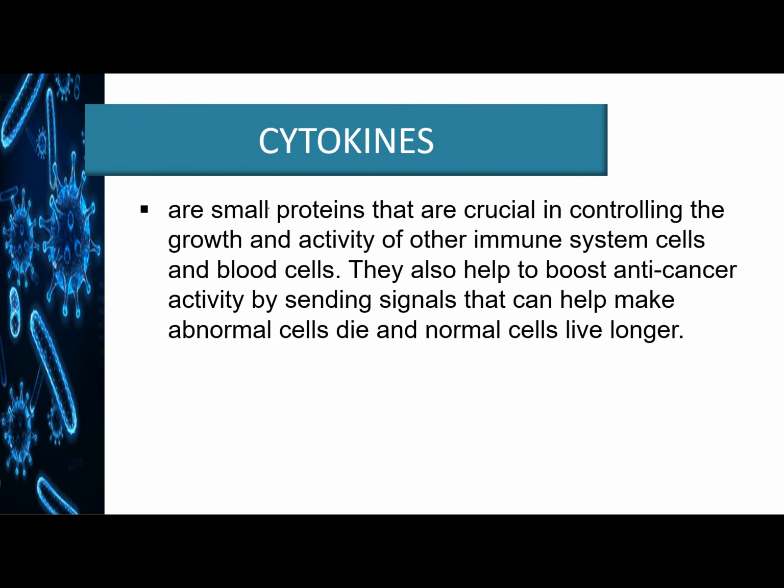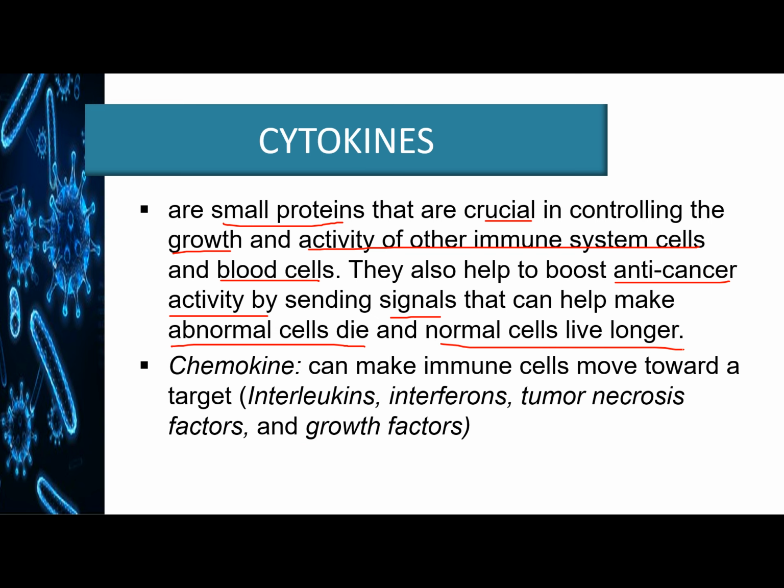Now, cytokines, class, please take note, are small proteins that are crucial in controlling the growth and activity of other immune system cells and blood cells. They help to boost anti-cancer activity by sending signals, class, that can help make abnormal cells die and normal cells live longer.